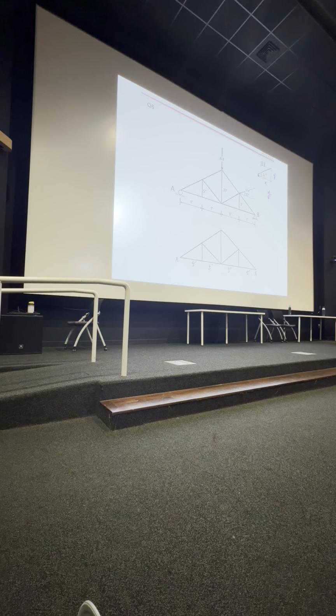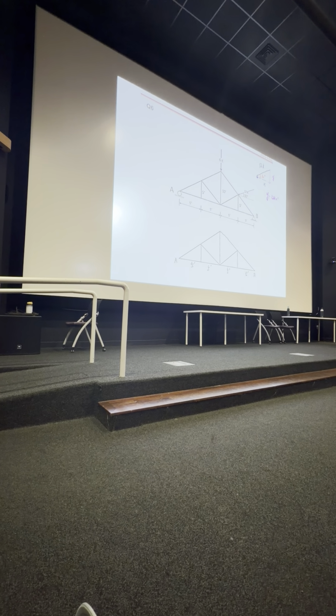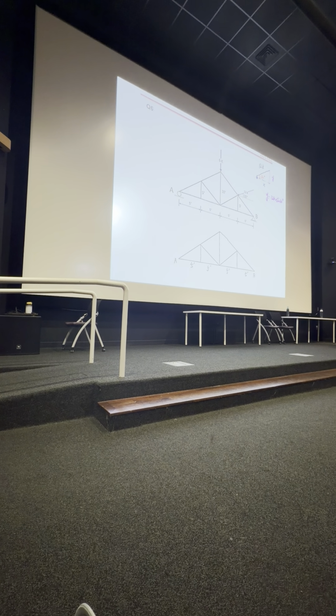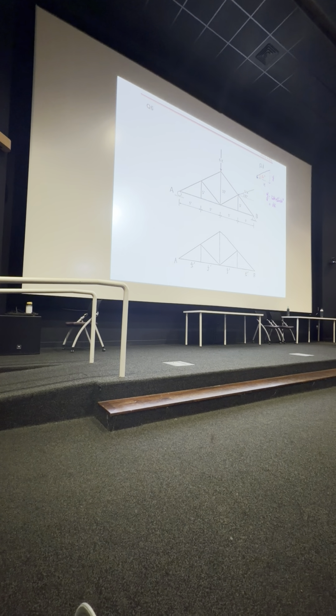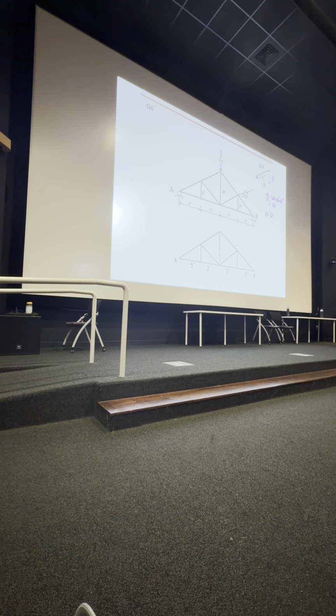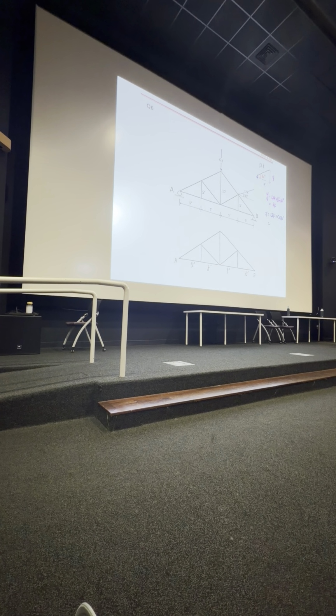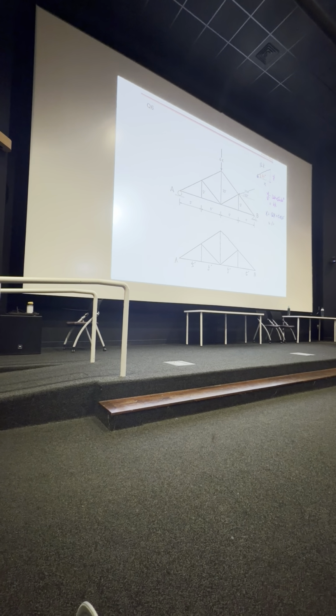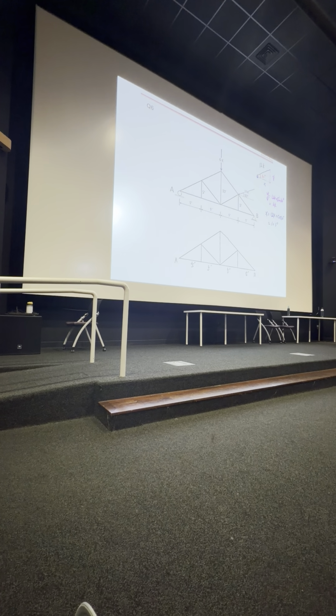So 12K multiplied by sine 30 degrees, you get 6K. And if you want to compute X, you use cosine: 12K multiplied by cosine 30 degrees, you get 10.39K.